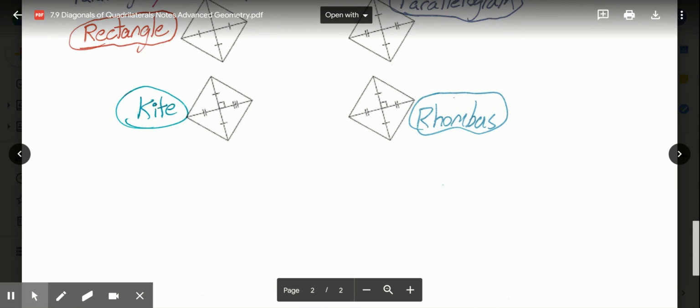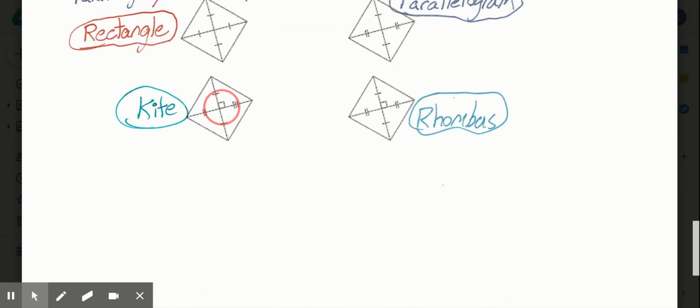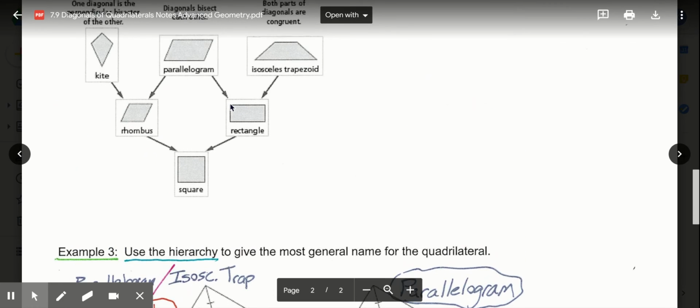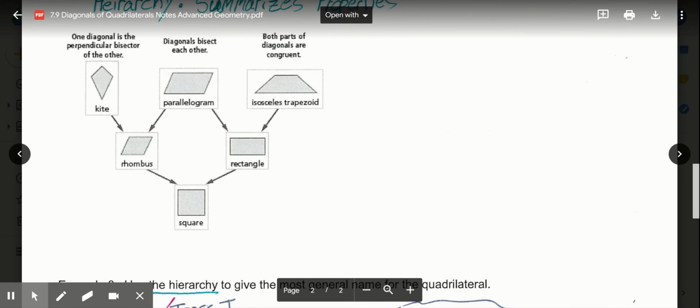In our bottom left, we have a 90-degree angle, so we know the perpendicular bisector. And then we also know that it was split there, so that's the bisector piece into congruence, 90 degrees being the perpendicular. So all we know is perpendicular bisector. So if one diagonal is the perpendicular bisector of the other, then that gives us the kite.